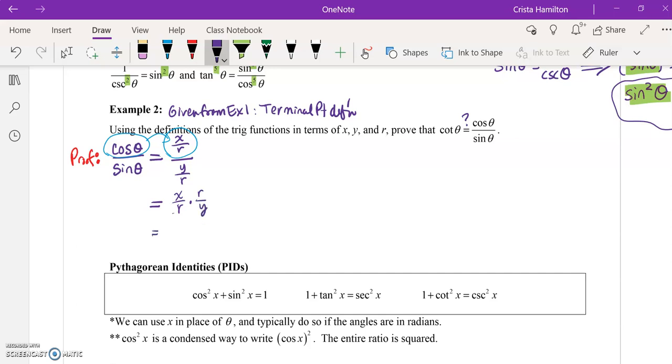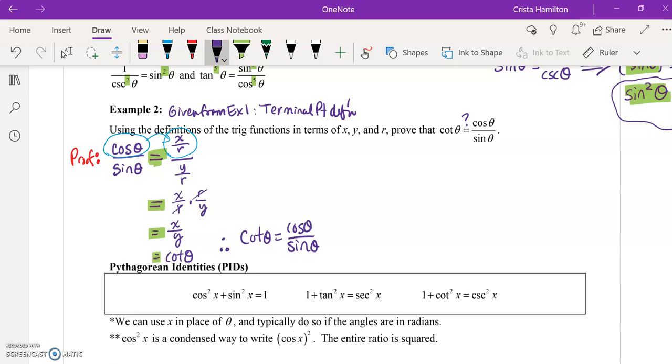And then, a little bit of algebra again, we're going to cancel common factors, and then we're going to use a substitution from our given that the terminal point definition of x over y is cotangent of theta. And so our conclusion, so notice again my proof is coming down, here's my first equals, transitive, transitive, transitive, so we get to conclude, therefore, cotangent theta equals cosine theta over sine theta. And it does not matter that this is backwards or reversed because of the commutative property that's kind of understood on that.